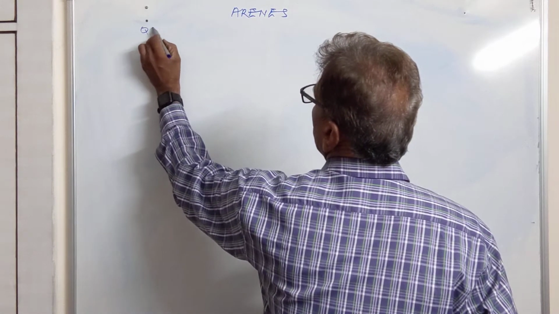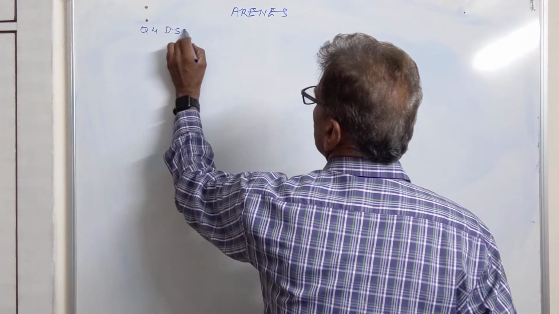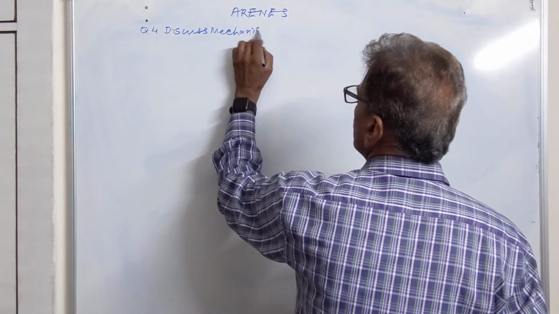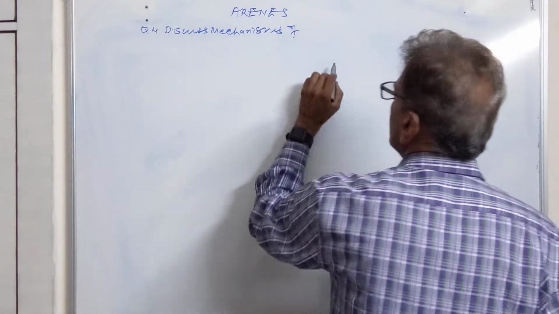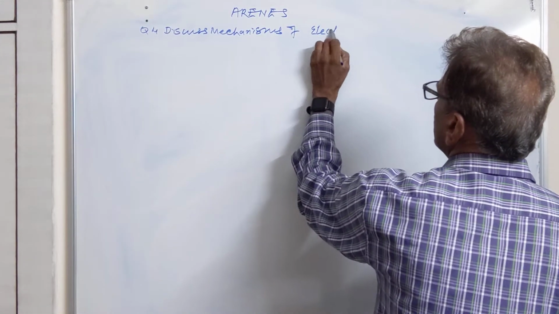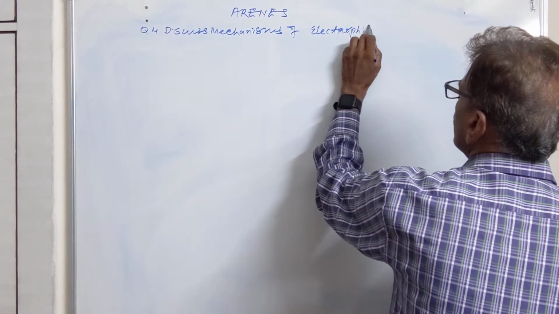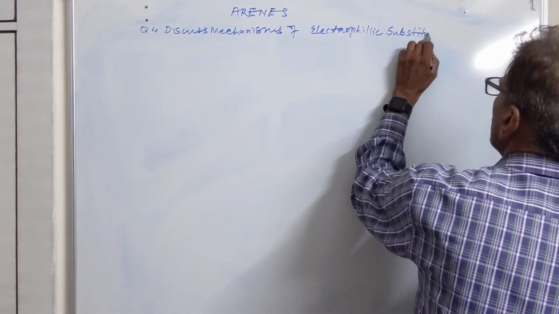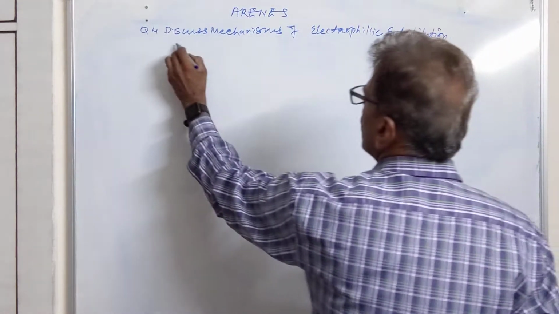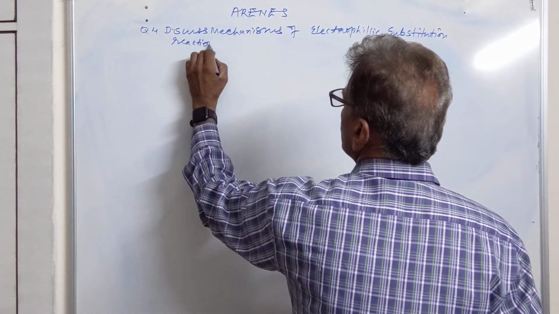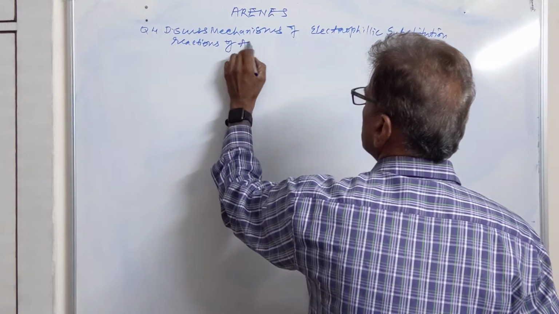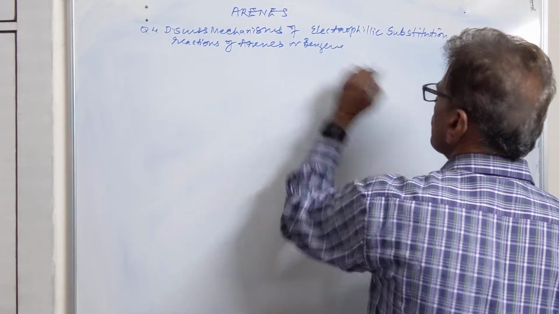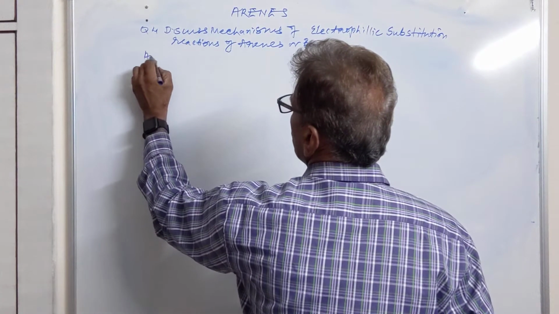So the question is, discuss the mechanisms of electrophilic substitution reactions of Arenes, or that is for benzene. So we will be taking different mechanisms.